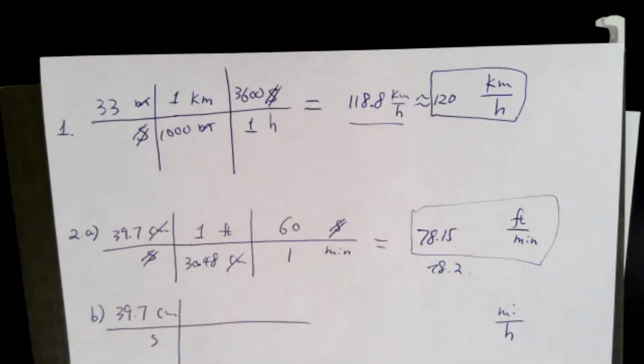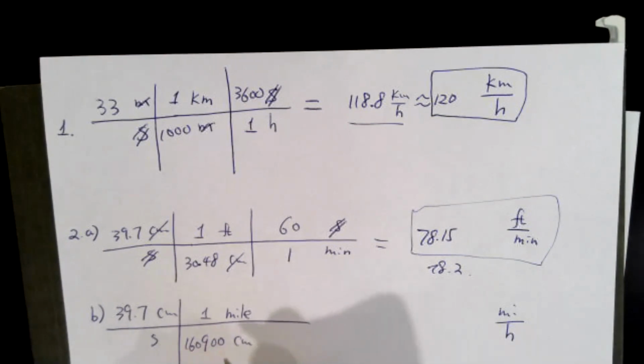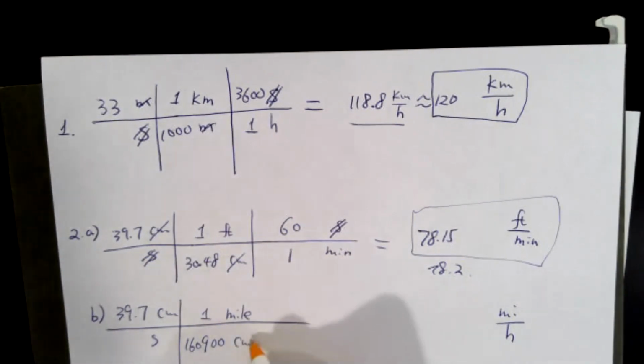So you want to convert centimeters to miles and then seconds to hours. Put centimeter here, miles on top. 1 mile, if you look it up, is 160900 centimeters.